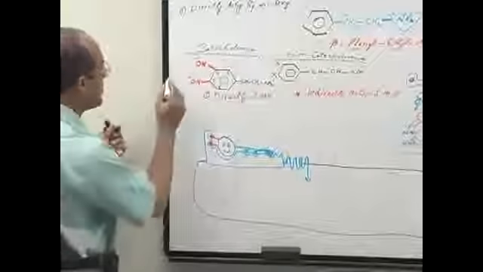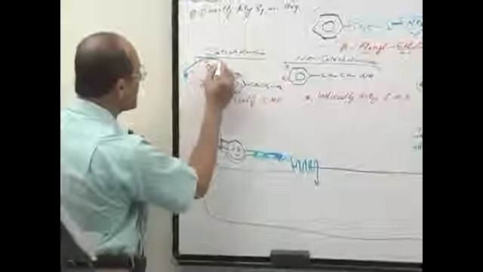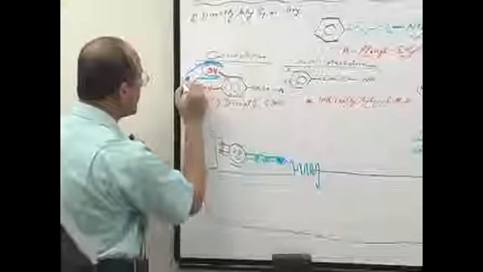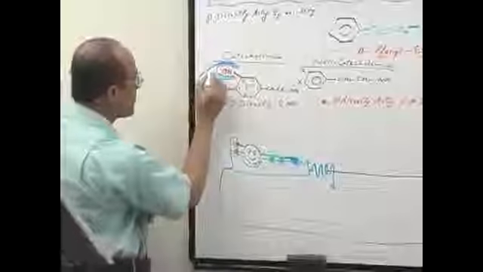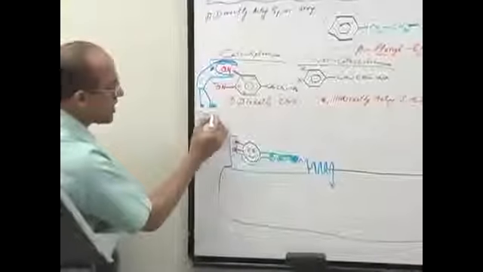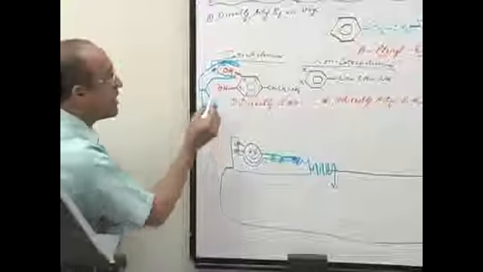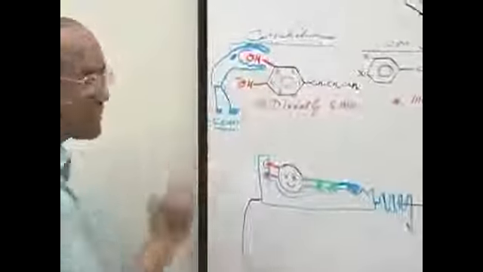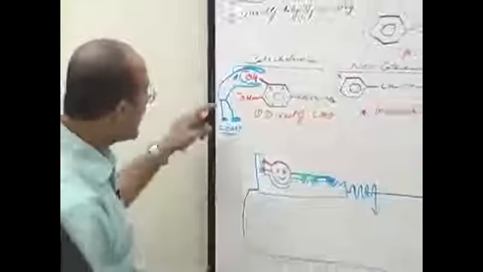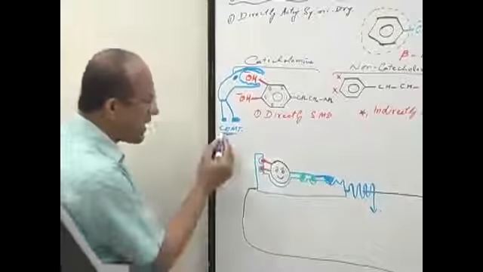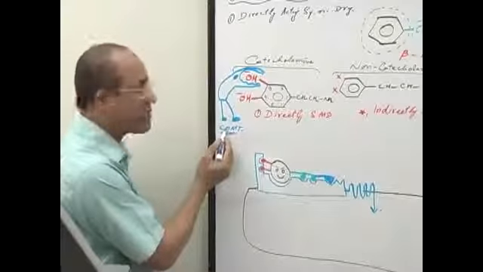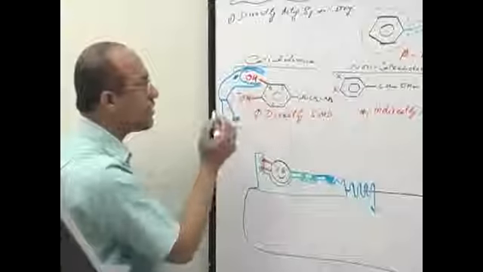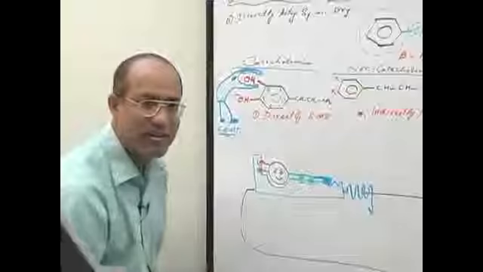You know where it attacks? This COMT enzyme will attack this hydroxyl. COMT, catechol O methyl transferase, will remove a hydroxyl and add a methyl group. That is why this enzyme is called catechol O methyl transferase, an enzyme which attacks the catechol ring, removes the hydroxyl and adds a methyl group.